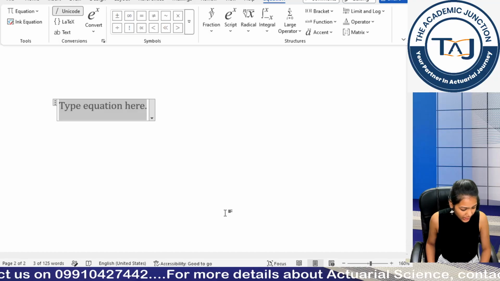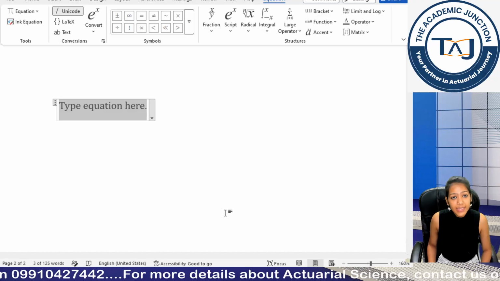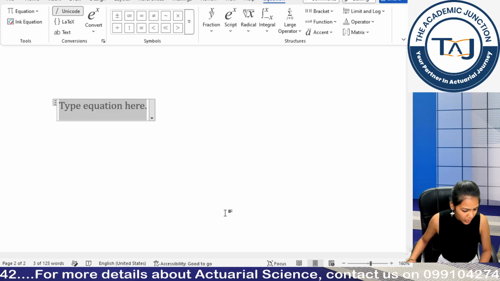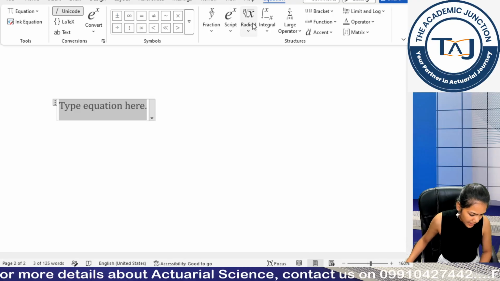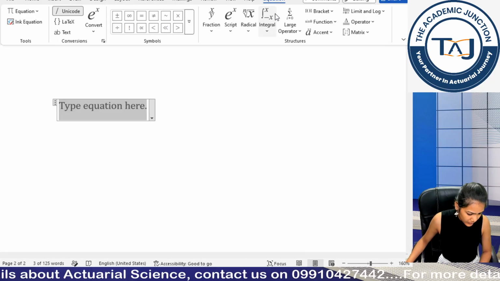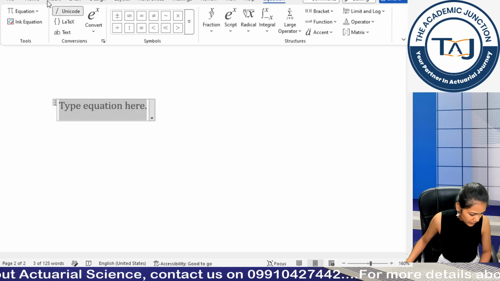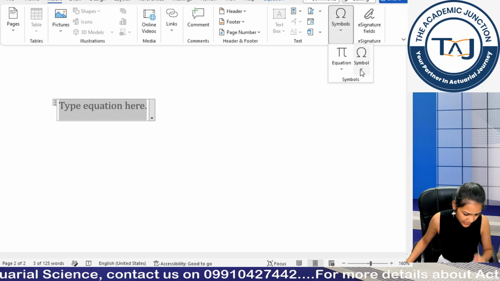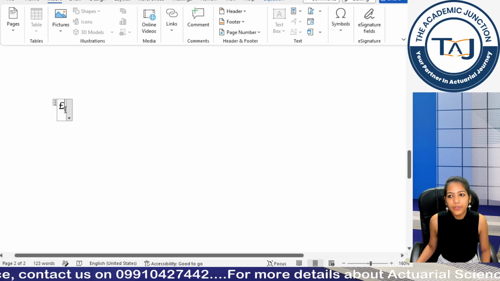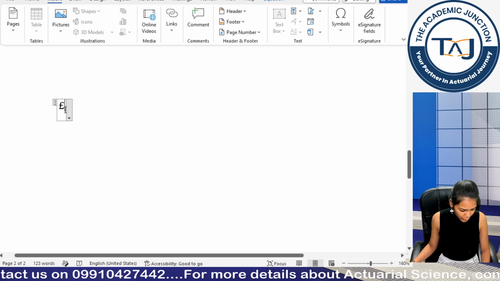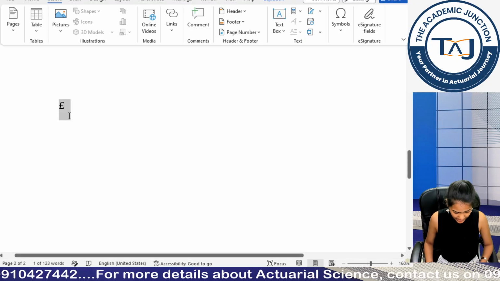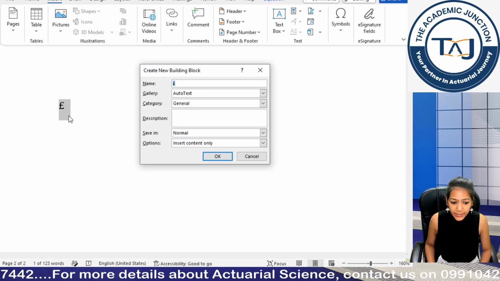Cool. Now I was telling you how to save an equation for quicker use. For example, I want to use the pound symbol. Let me save the pound here. I would first go to insert symbol, and I got the pound here. Now I want to save it, for example, with the shortcut E. So I would select it, then press Alt F3.